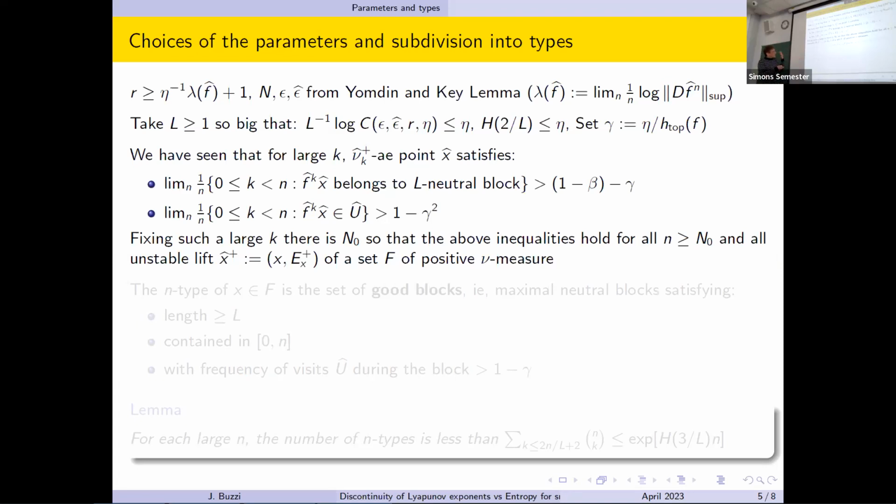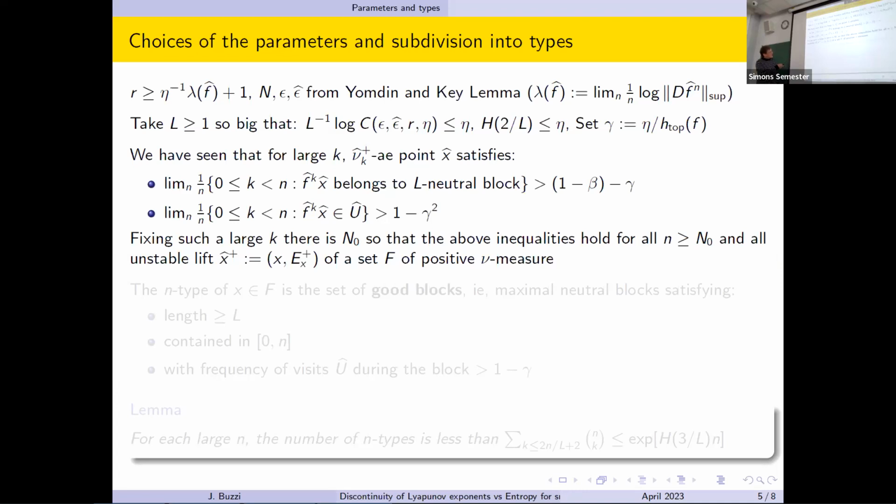So we can just now find a set of positive measure, it could be a set of measure close to 1, we don't care, and an integer n0, so that we have this inequality for all points in this set F, and for all n larger than this constant. Here it's the lift, the unstable lift.